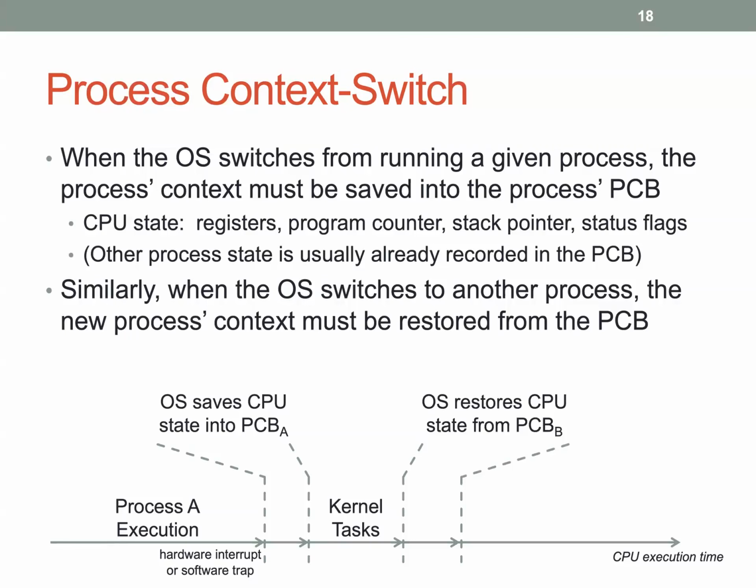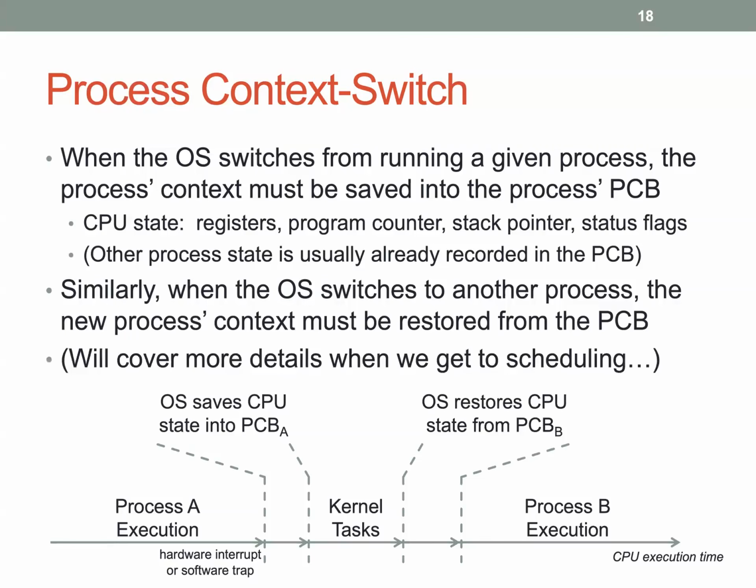It'll set everything up so that when you leave the kernel, the machine context of process B is restored onto the CPU. So now process B resumes executing, none the wiser that it had not been running on the CPU for some time. Okay, so then we have process B executing.